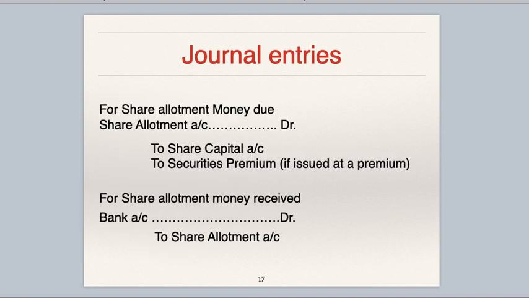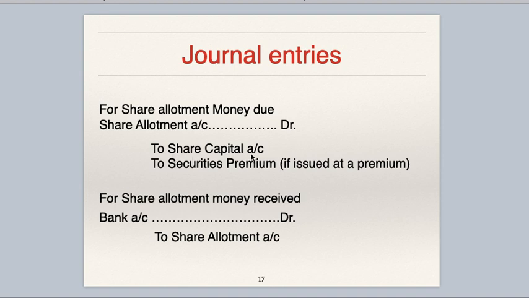Next is allotment. Company allots the shares to shareholders. First you have to pass entry to show allotment money due. Share allotment account debit to share capital to securities premium if shares are issued at premium and premium is along with allotment money. Then and then only you are supposed to pass this entry.